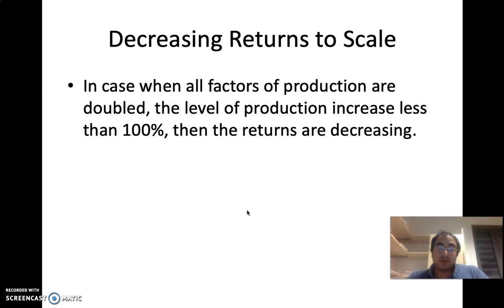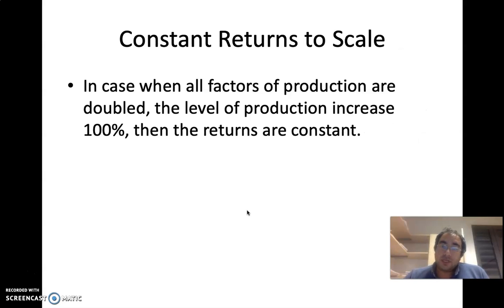When you have decreasing returns to scale, it is the opposite, which means when you double all your factors of production, the production level increases less than double. Or when you increase your production level from 10 to 20, the additional 10 costs more than the initial 10.